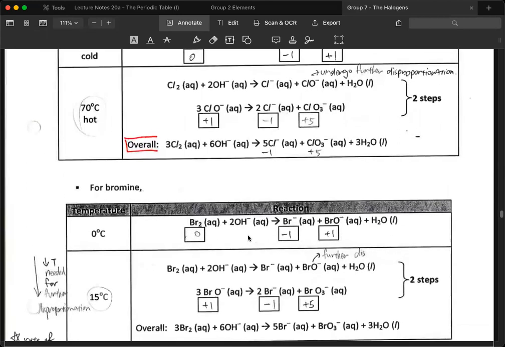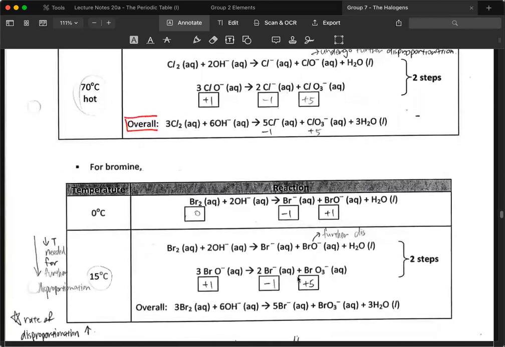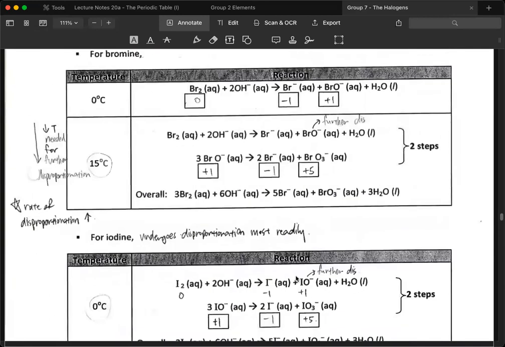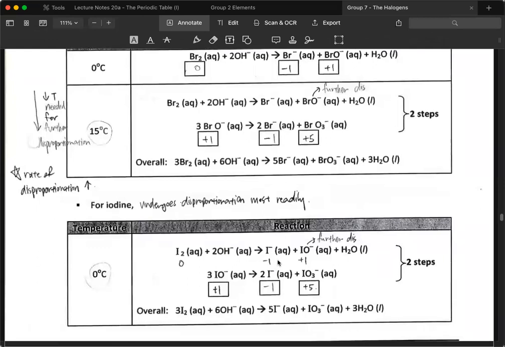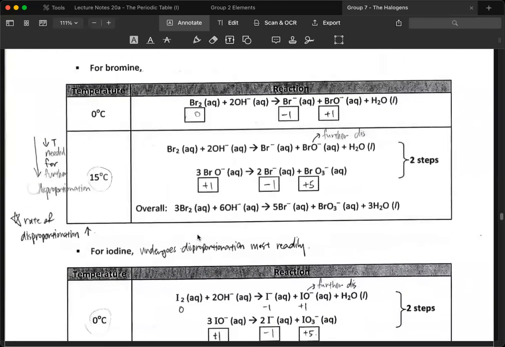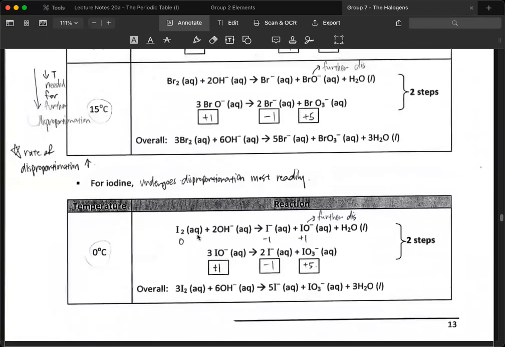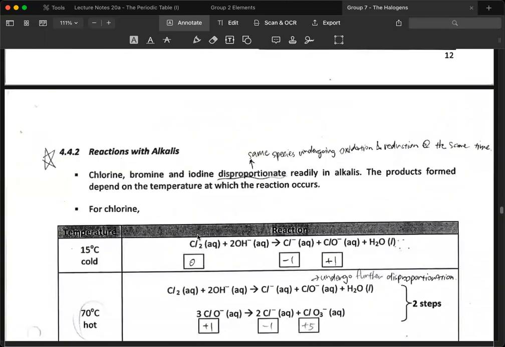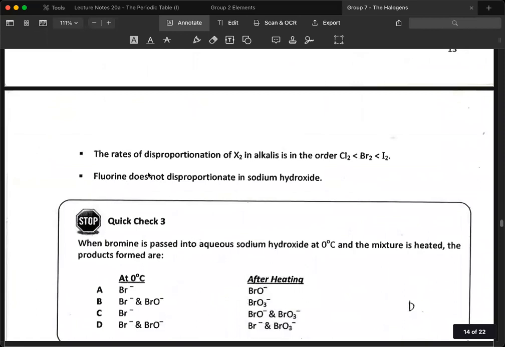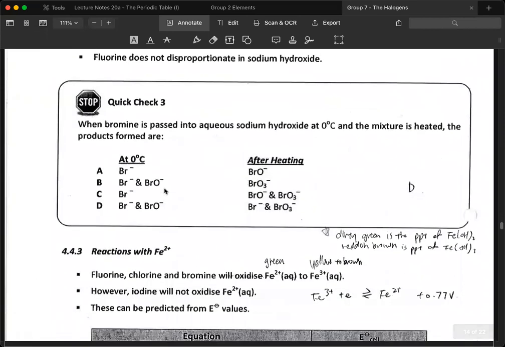It is the same for bromine with BrO minus, and for iodine also. But as you go down the group, the temperature required is lower and lower, which means the rate of disproportionation increases, more easily. Fluorine, no way.